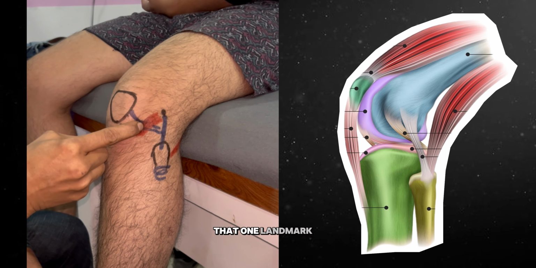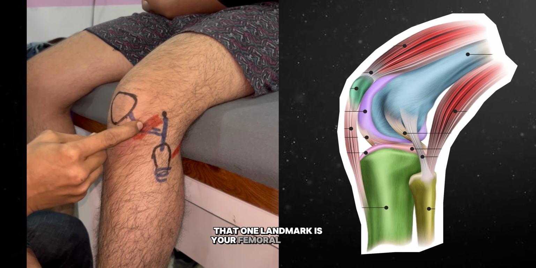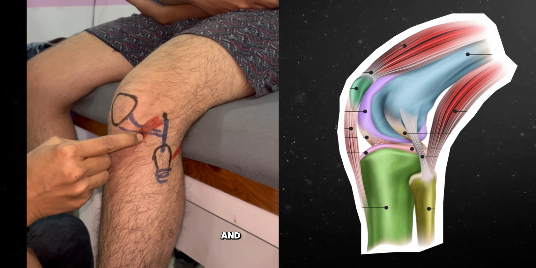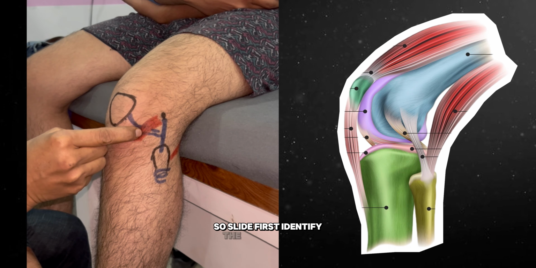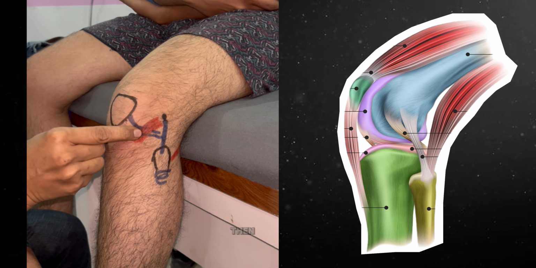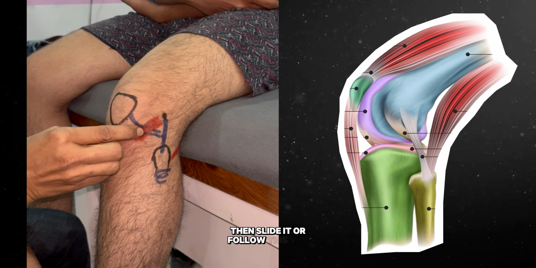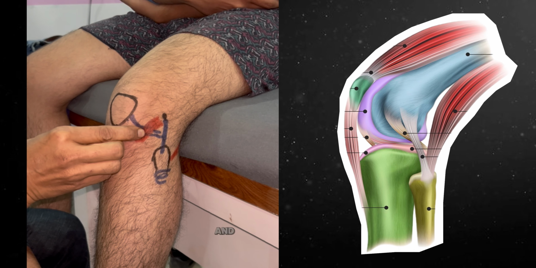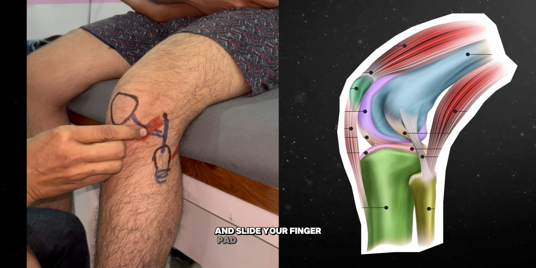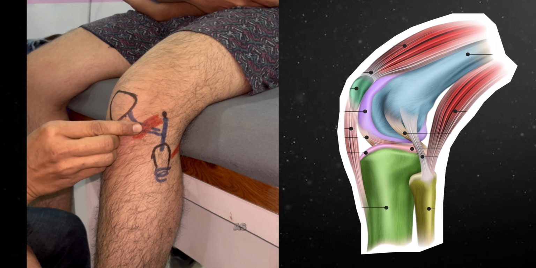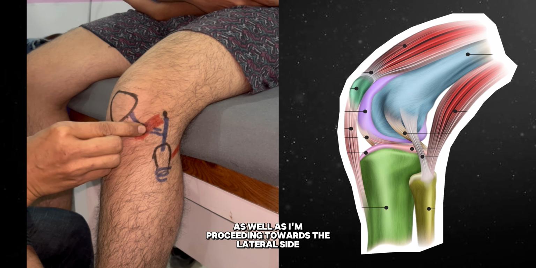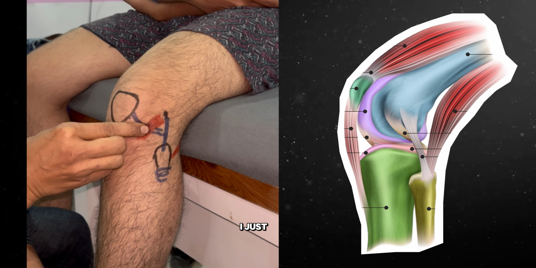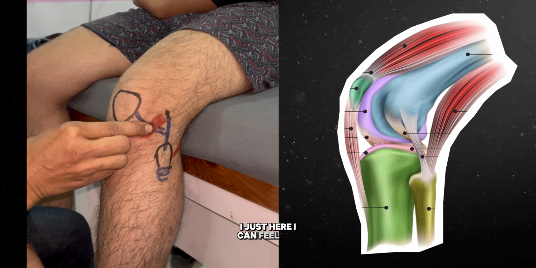That bony landmark is your femoral condyle and tibial plateau. So first identify the boundaries of the joint space, then follow this gap and slide your finger pad more laterally.